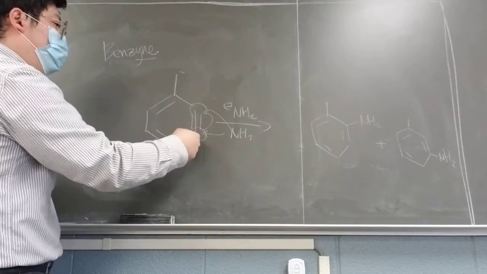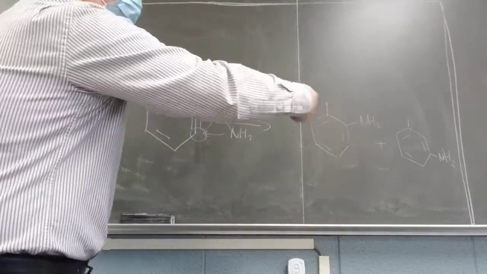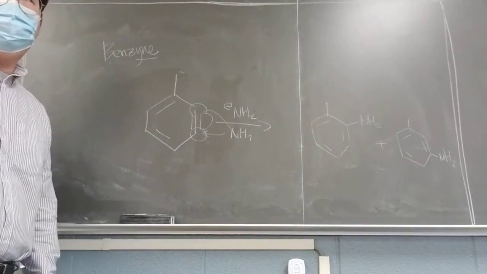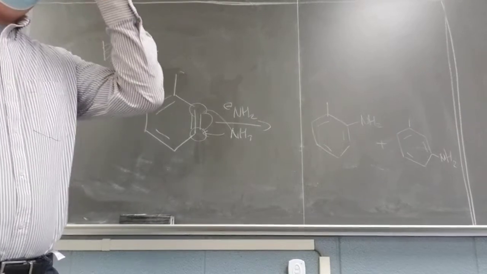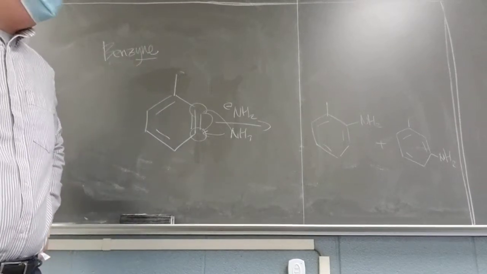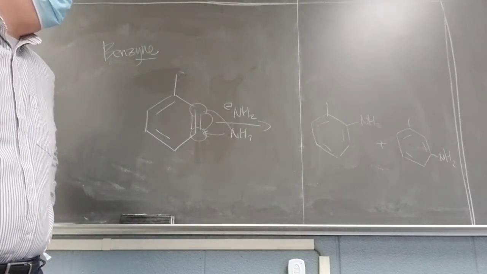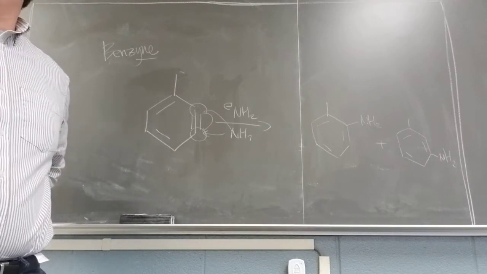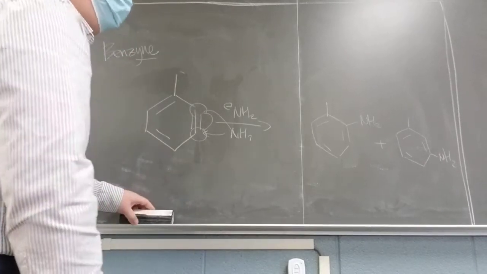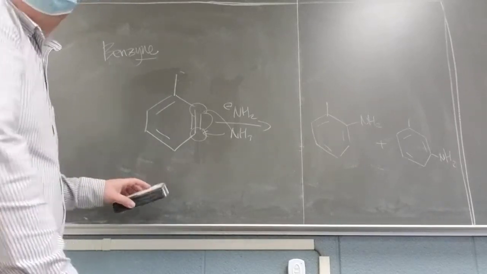Doesn't matter because they are equivalent. So it'll be 50%, 50%. You're going to have two products because of it. Okay. Make sense, right? We good? Okay. Can I move on? Let's go.